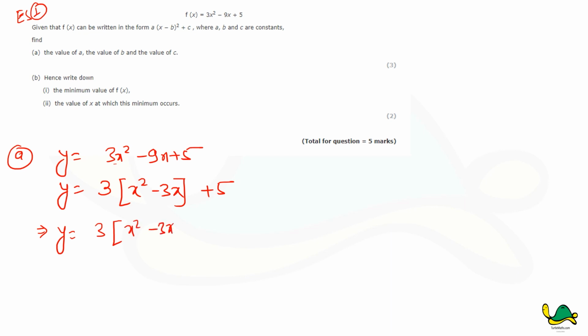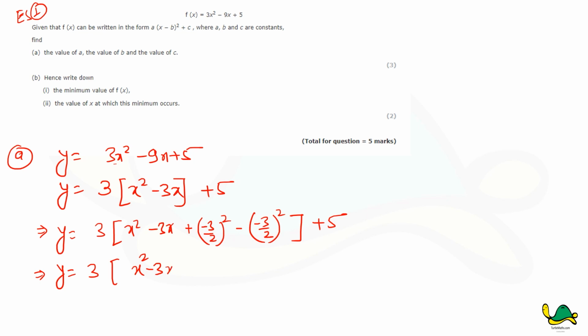Here I have got minus 3. I will add half of it, squared, and I will also subtract half of it, squared, in order to complete the square. This will give me y = 3 times (x² − 3x + 1.5² − 1.5²) + 5.